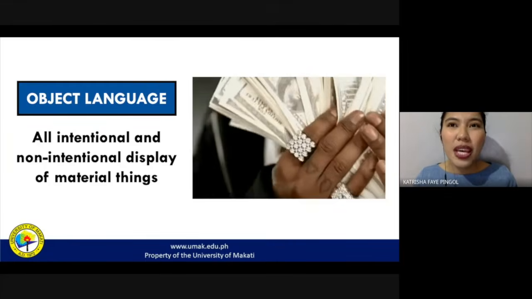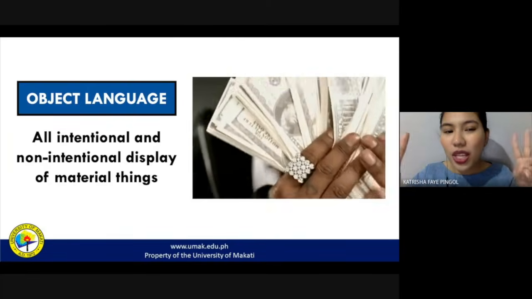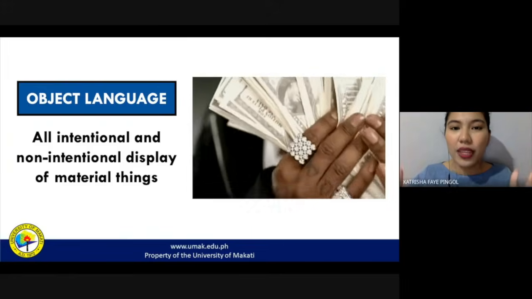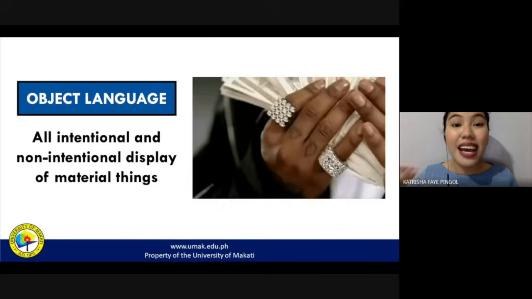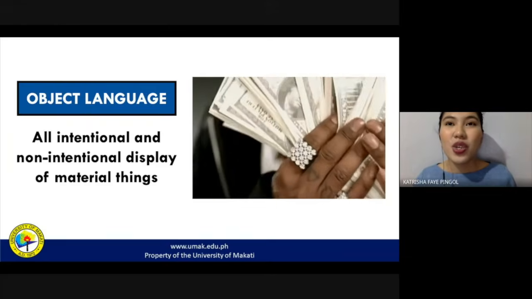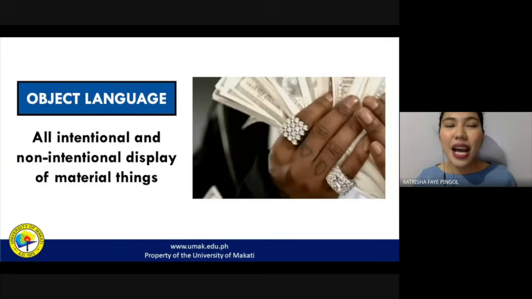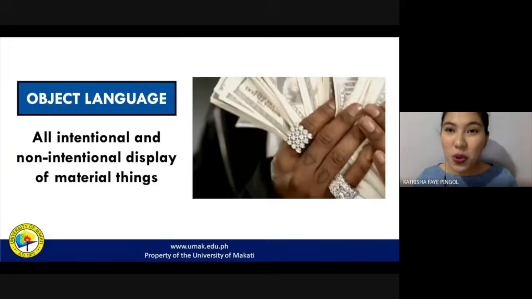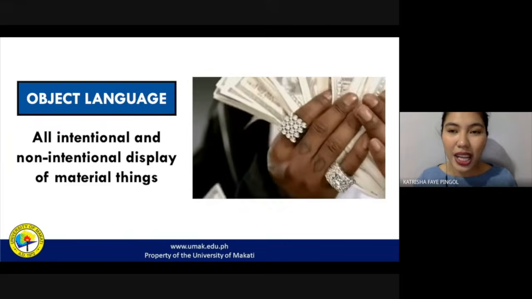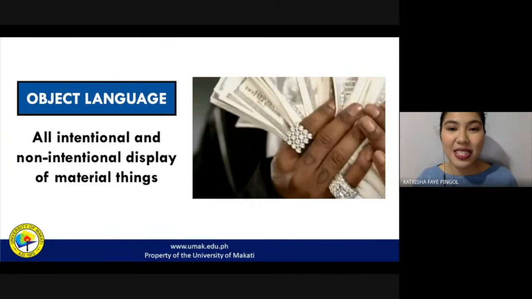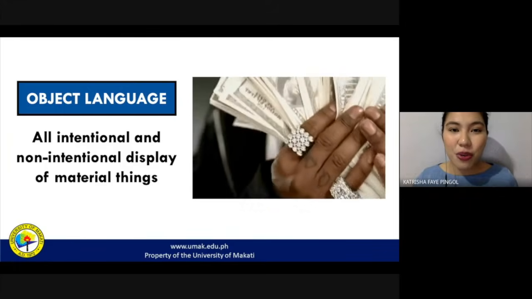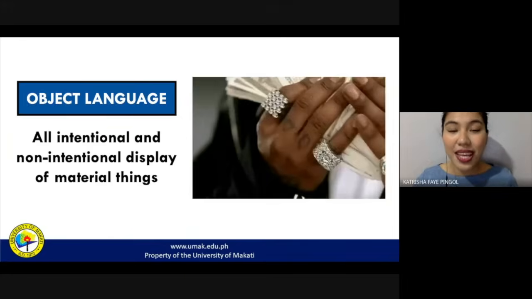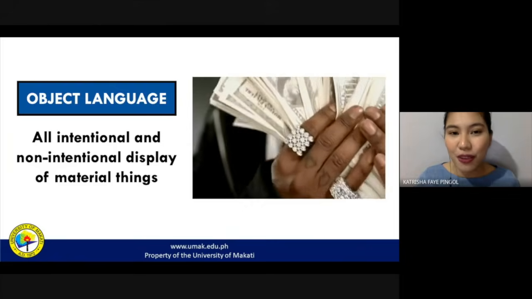So when we communicate using an object, it could be intentional and non-intentional. So consider this. For example, why is it that there's a question posed on the internet wherein people were criticizing owners of iPhones because they love to take selfies in front of a mirror?